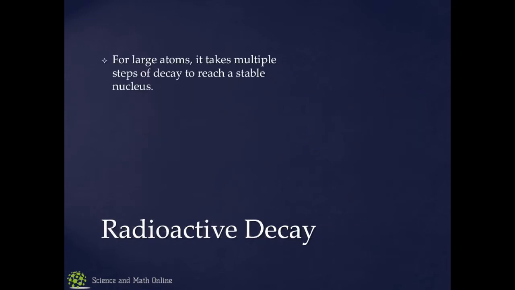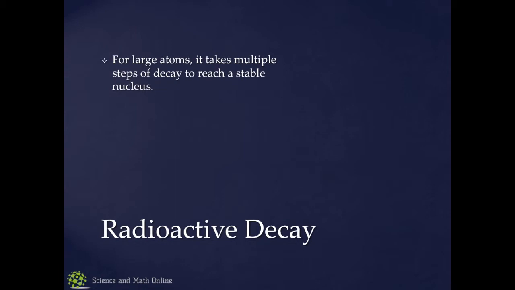For large atoms, it can really take multiple steps before they get down to something stable. Like I said, anything smaller than atomic number 83 has some stable form. Once you get bigger than 83, they're not stable. Their nucleus is just too big.